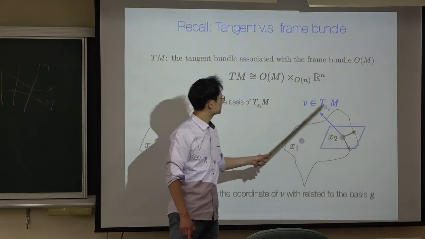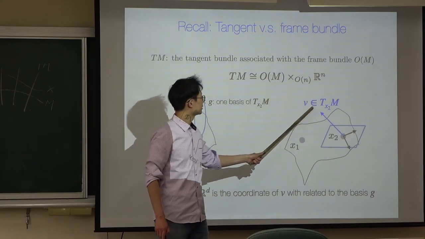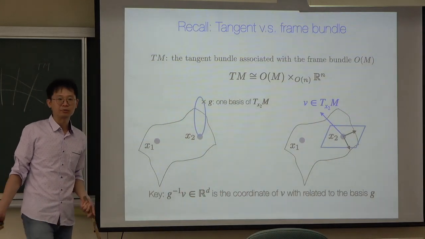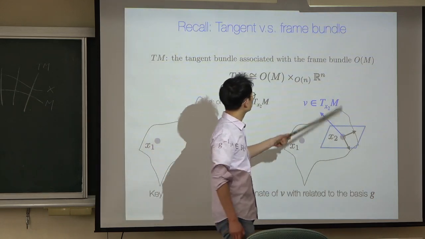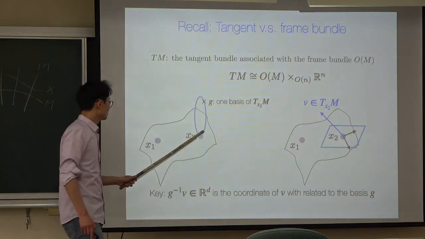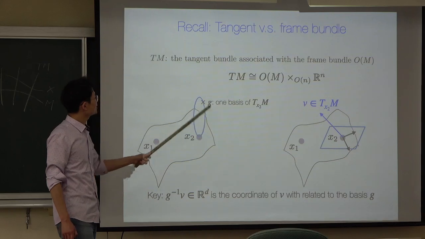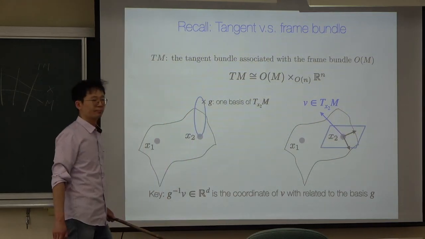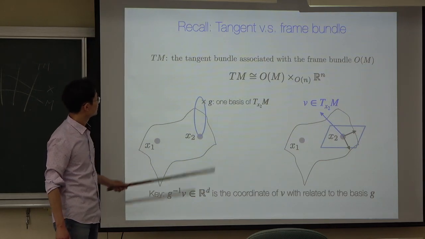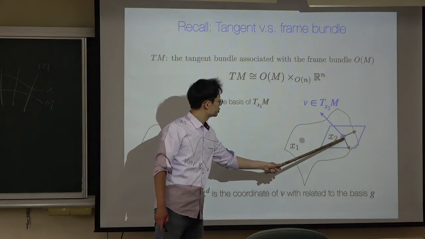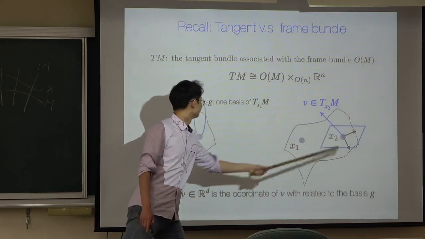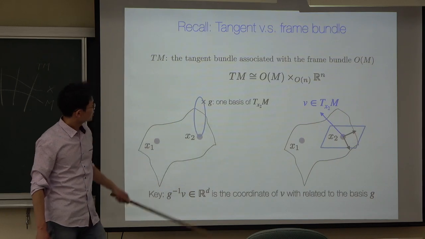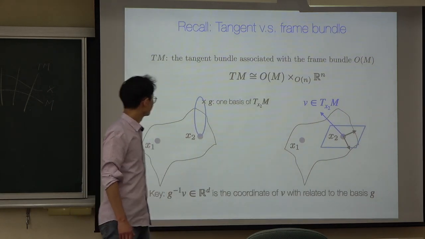But in practice, well, how to represent a vector in a tangent space? Usually it's just a vector space, but you don't know how to represent it. So we consider a notion called frame bundle, that is, you attach at each point all possible orthogonal bases of the tangent space. Okay, all possible orthogonal bases. So you know, for each d-dimensional vector space, all the orthogonal bases will form O(d), the d-dimensional orthogonal group.